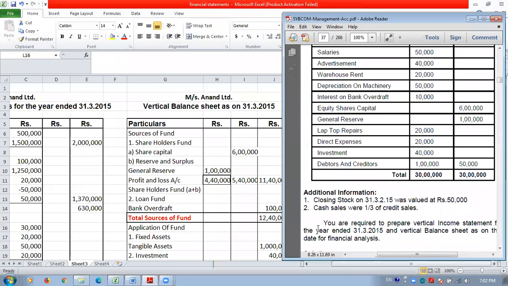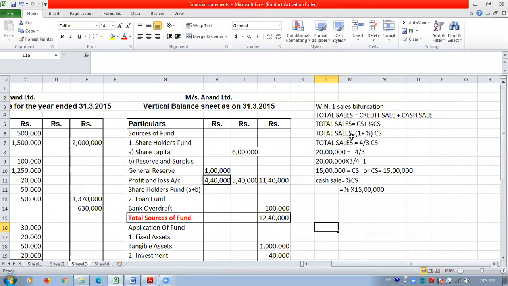So total sale is equal to 1 plus one third CS, which is equal to 4 by 3 CS. So 20 lakhs is equal to 4 by 3 CS.